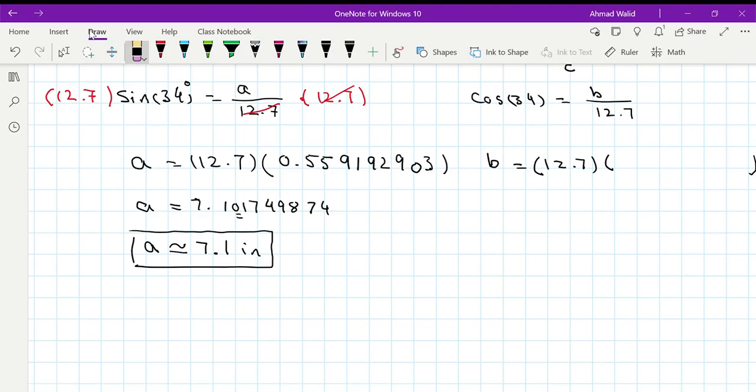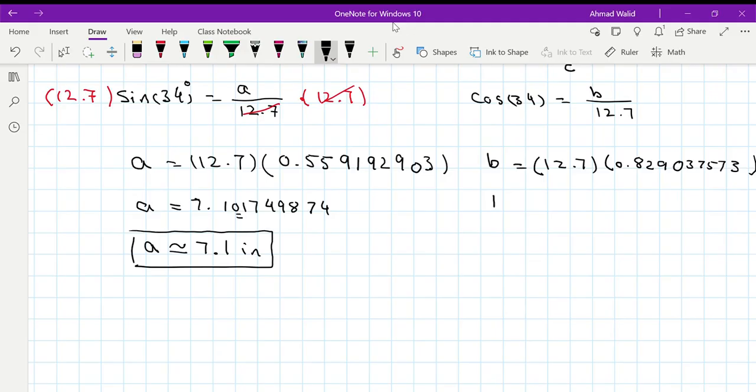Let me clear this. Let me use the cosine for 34 in my calculator. Okay, cosine of 34 degrees equals 0.82903757. Now this one multiply by 12.7 and it gives you 10.52.